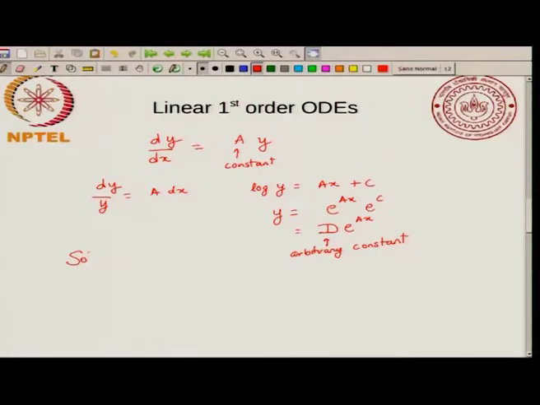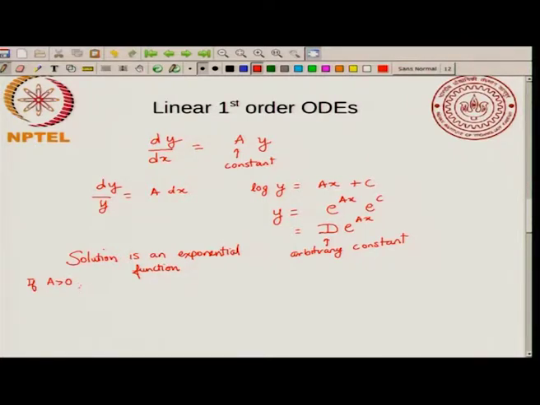So, the solution of a linear first order differential equation is an exponential function. Okay. Now, if a is greater than 0, then it is exponentially increasing.